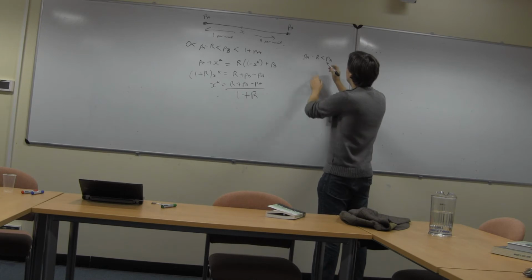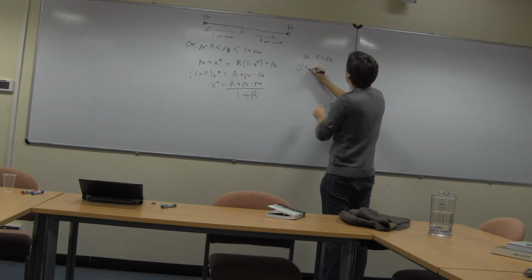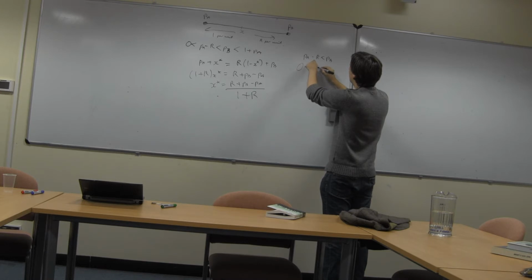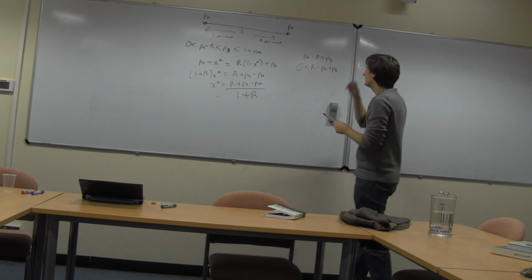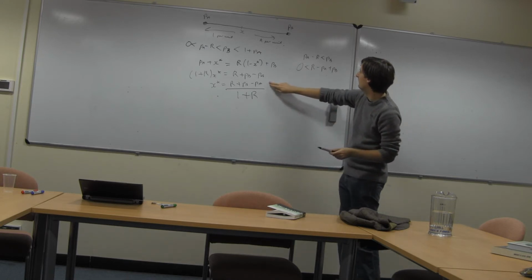So if we add this to that side, subtract this thing from that side, we have 0 is less than R minus PA plus PB. Yeah, that's what we have here, isn't it?